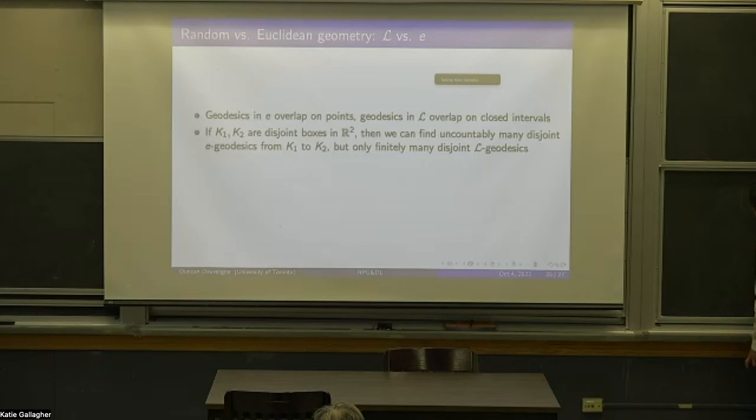So I might be able to get a few disjoint paths, but I can only do this with finitely many paths. Once I draw maybe 10 paths in between these two boxes, every other geodesic between points in here will need to coalesce with one of these at some point. Very strong.